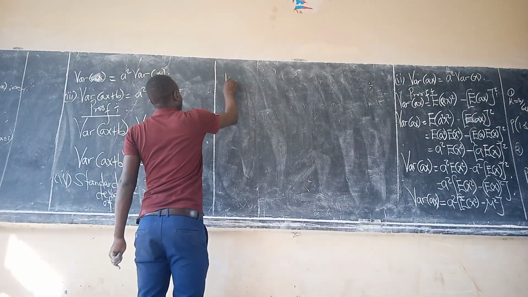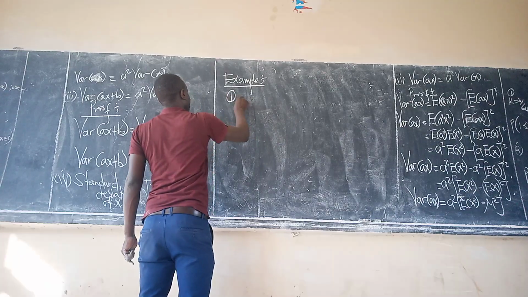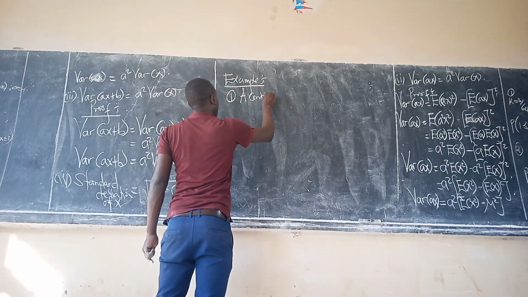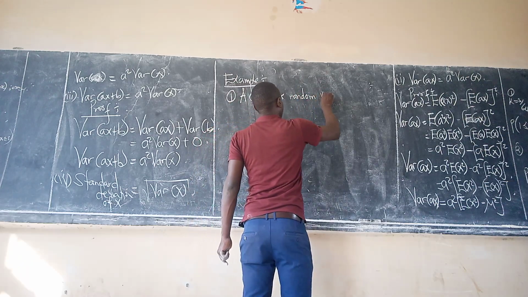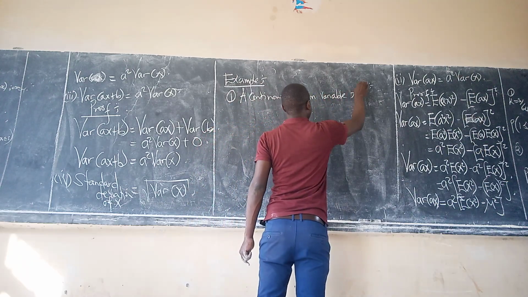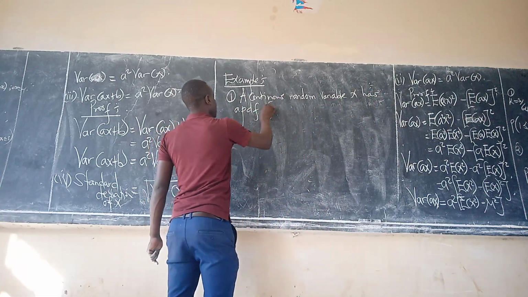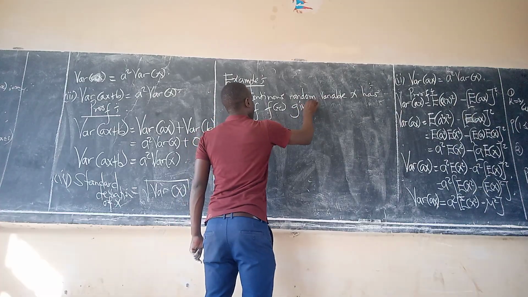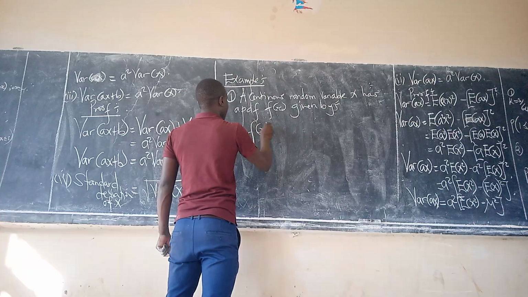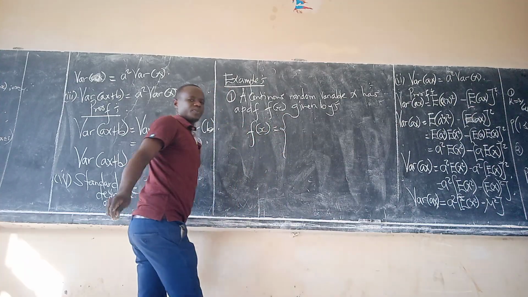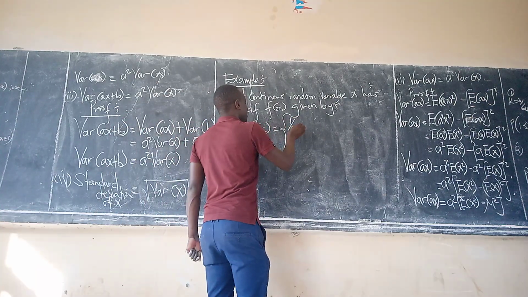So we have an example that says that a continuous random variable x has a PDF small f of x given by, f of x is equal to a third.